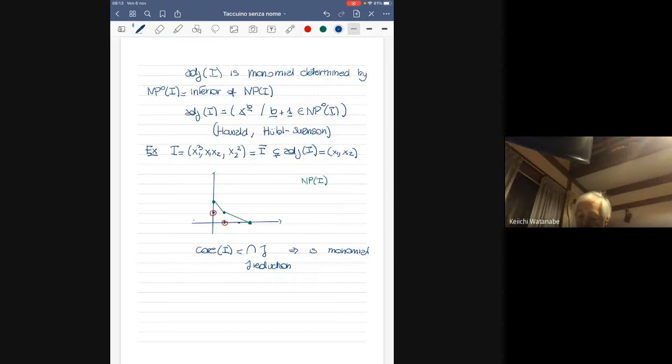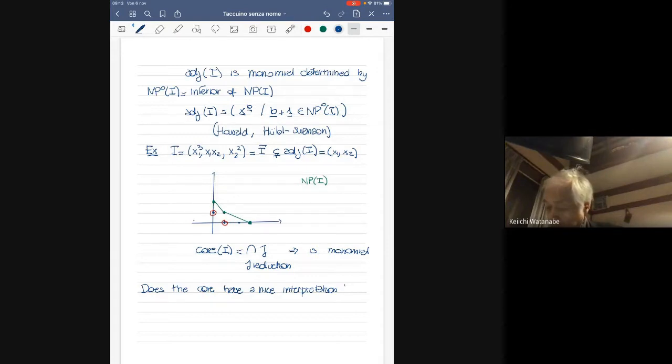And so the question is, does the core have a nice interpretation, or a nice description in terms of monomial operations, and we'll try to answer this during the talk.